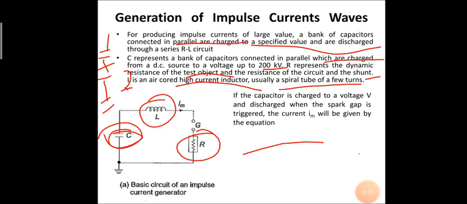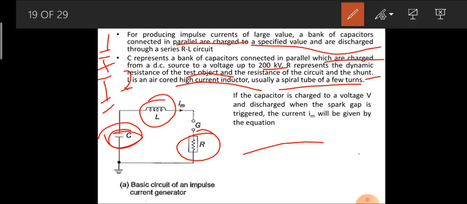Now, if the capacitor is charged to a voltage V and discharged when the spark gap, you can see the spark gap G here, is triggered, you have to write the equation for the current Im.